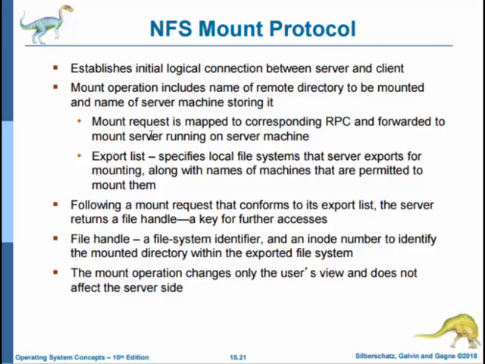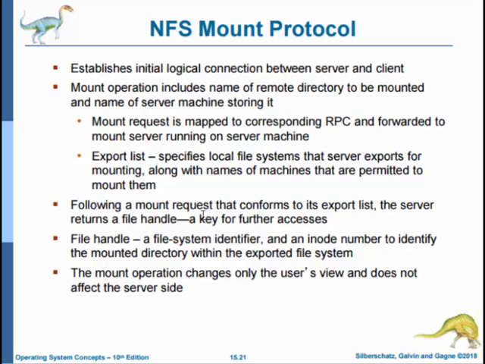The mount request is mapped to the corresponding RPC and forwarded to the mount server running on the specific server machine. The server maintains an export list which specifies the local file systems that it exports for mounting, along with the names of machines that are permitted to mount them.